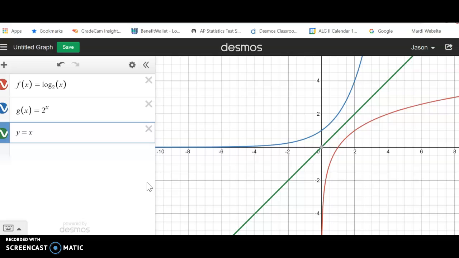What about for the blue, which is g? The domain is going to be everything. Remember, with inverses, domain and range are exactly swapped. So the range is going to be the same as the domain of f. It's going to be 0 to infinity, exclusive.